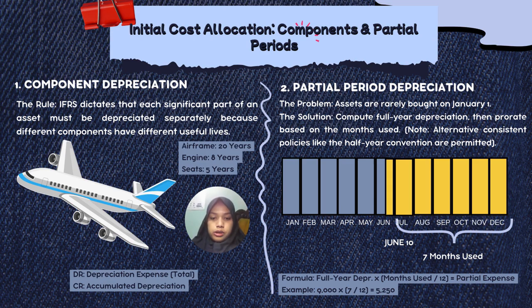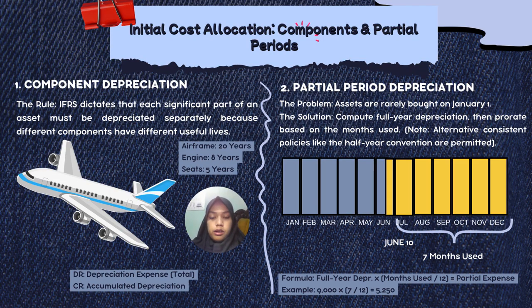Hello everyone. Today I will explain about initial cost allocation in asset accounting. So first, let's talk about component depreciation. Under IFRS, each important part of an asset must be depreciated separately because each part has a different useful life.